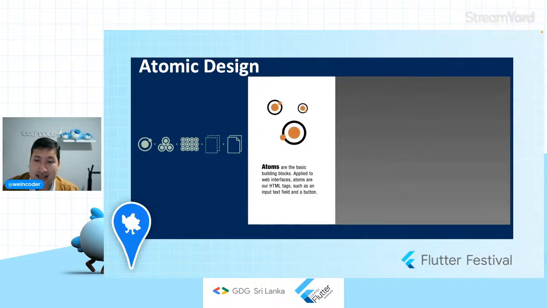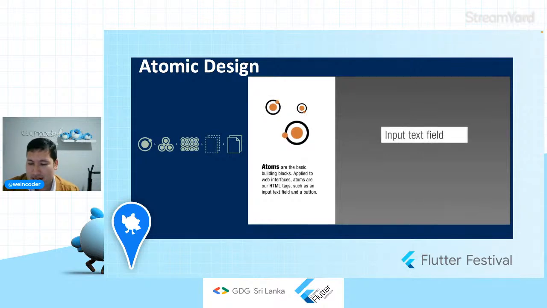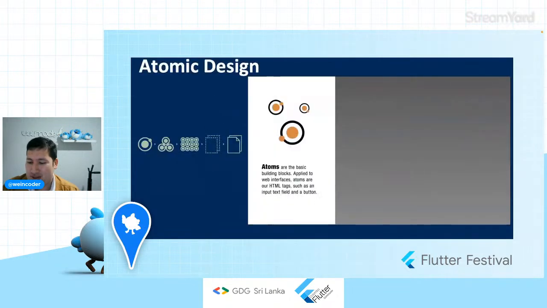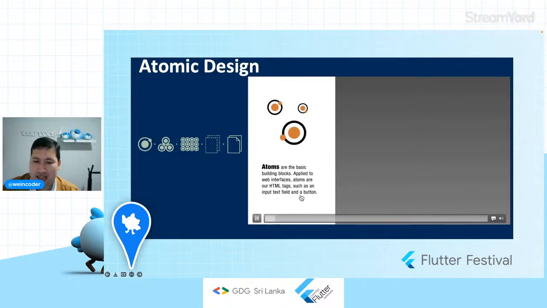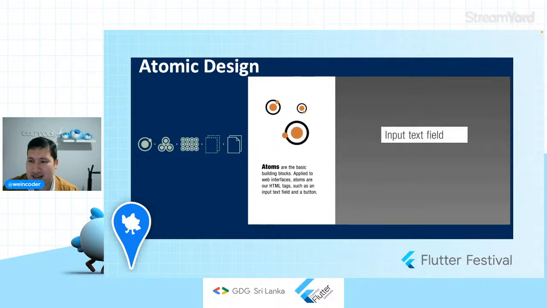Let's start with the atoms. What are the atoms? Atoms are components that cannot be divided into smaller elements. For example, a button, a bar, and an input are atoms.